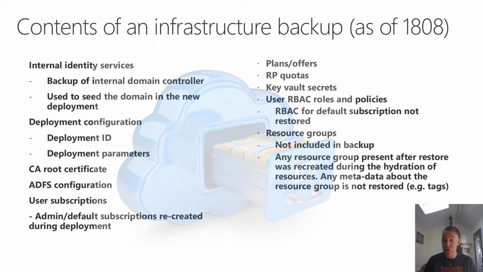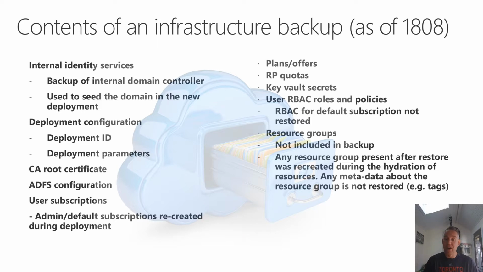It knows all the user subscriptions, so it will redeploy all those. It knows all your plans and offers and quotas. It remembers all the secrets that you put in your key vault, because they're all just stored in software on Azure Stack. It knows all the role-based access control you set up. And the resource groups are in the user space, so they're not included in the backup.